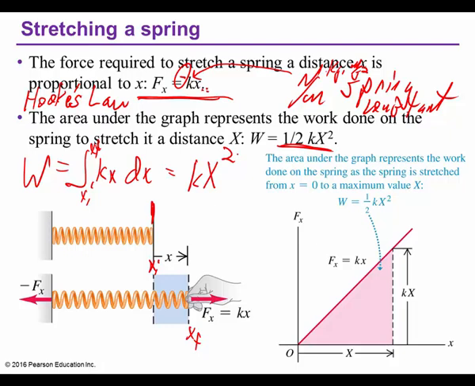That's all they did, they just integrated Hooke's law with respect to displacement. Oh, excuse me, I knew I was leaving something off. It's 1/2 kx squared, because when you integrate it, it's divided by 2. Real simple integration. Very, very easy.